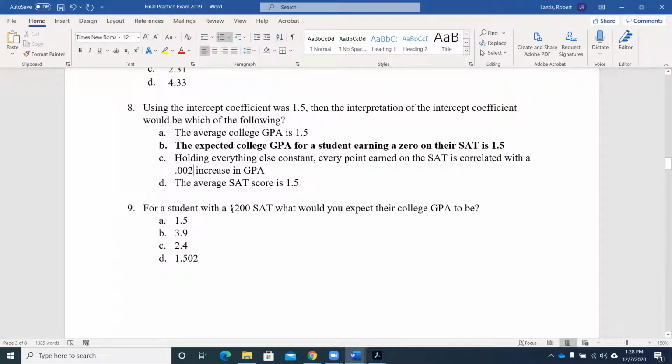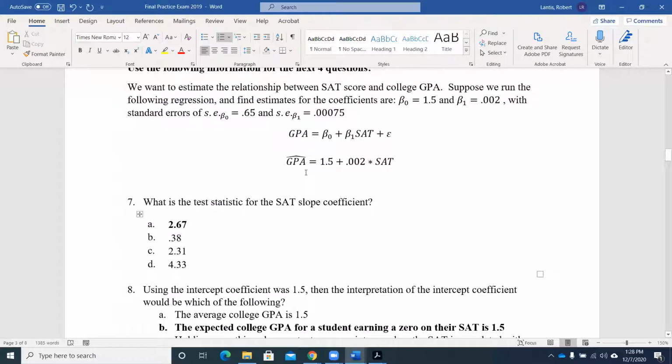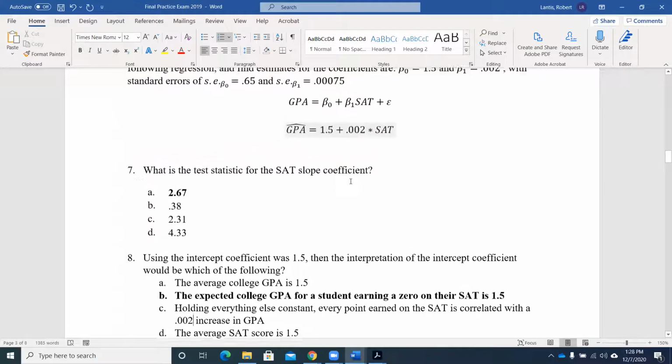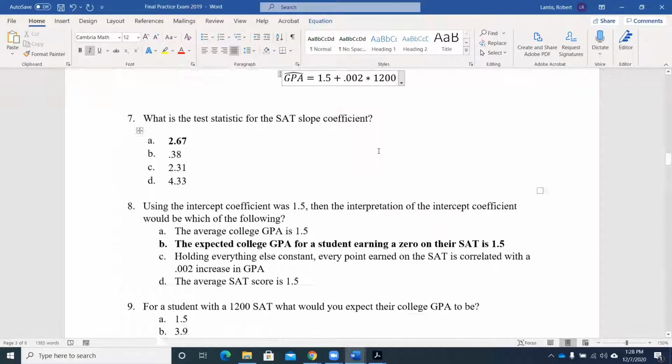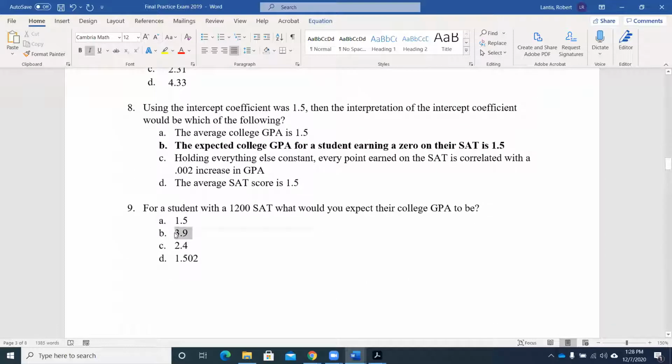If a student earned a 1200 on the SAT, what would you expect their college GPA to be? Well, once we have these estimates, you're really just talking about an equation that you can plug values into. So I can come up with a predicted GPA for any SAT score. If you're asking me about a 1200 SAT score specifically, I just plug in that 1200 for the SAT, and put that into my calculator. I make that prediction, I should end up with 3.9.